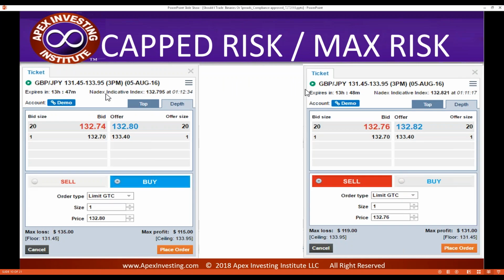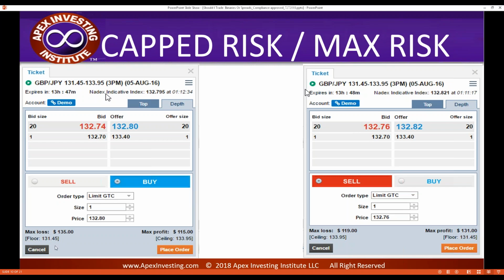Just like everything with Nadex, whether it's a binary or spread, everything has a capped risk, and you know this risk ahead of time. Before you even press enter, if you want to consider buying it and you click the buy side, it'll show you your max loss is 135, your max profit's 115. You know that ahead of time before you place your order.